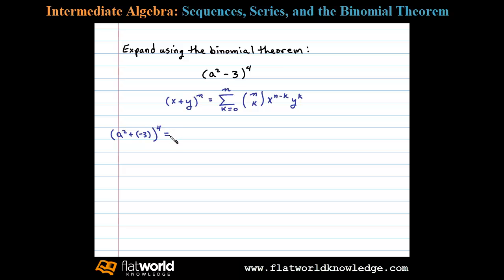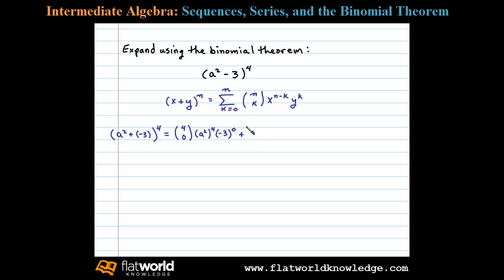And so using the binomial theorem, the first term will be equal to 4 choose 0, and that's where n is 4 and k is 0, times x to the fourth power, in this case, a squared to the fourth power, times y to the 0 power, in this case, negative 3 to the 0 power.